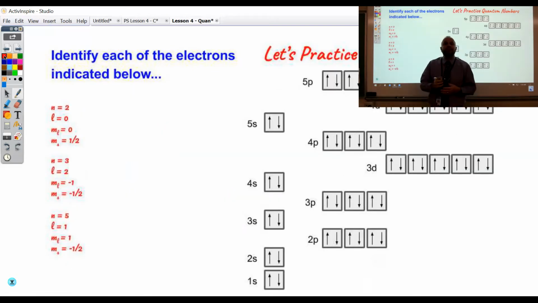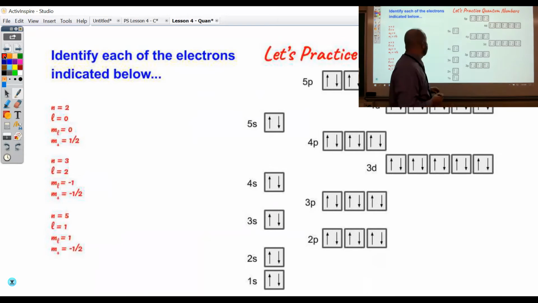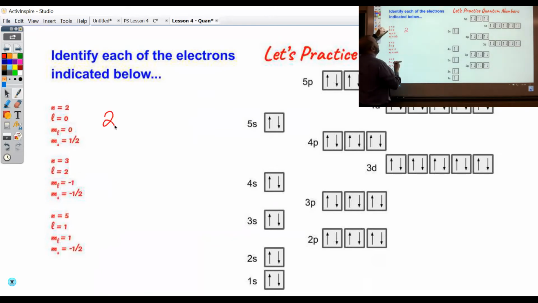Now we're going to practice a few of each of these. First, we're going to practice 3 examples where we are provided quantum numbers, and we're going to try and identify which electron we're talking about over here on the right side. So let's take a look at our first example. We have a 2, 0, 0, 1/2. So 2 means second energy level.